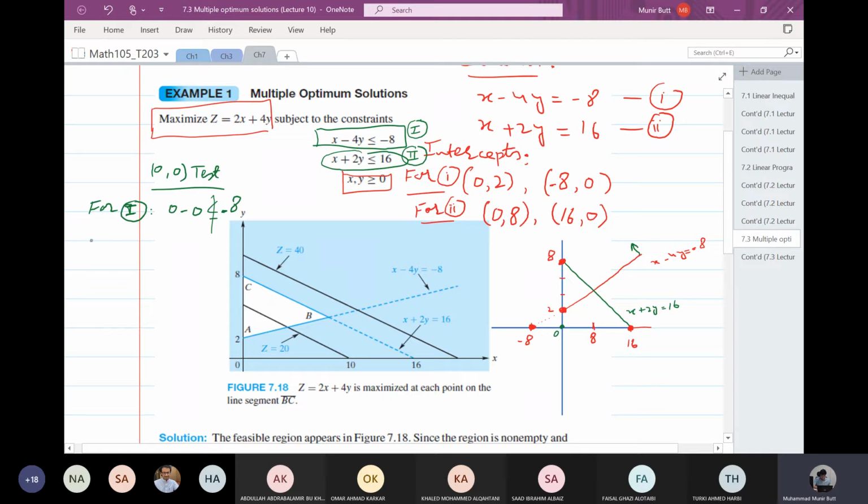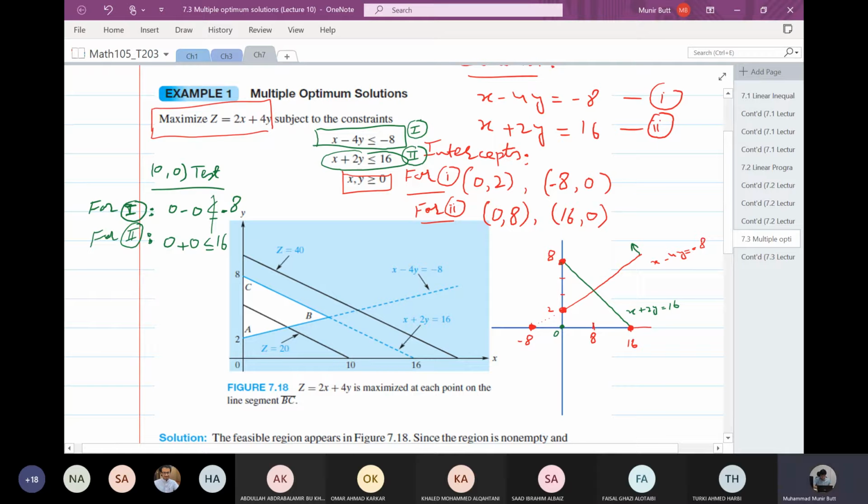Okay, now what about the second one? For this 2, you put again 0 plus 0 is less than 16. Yes.